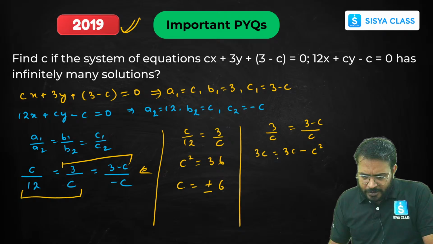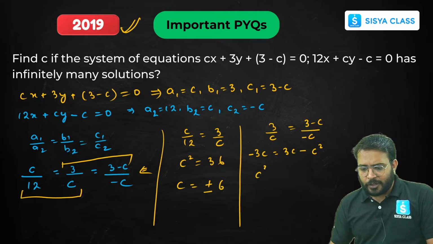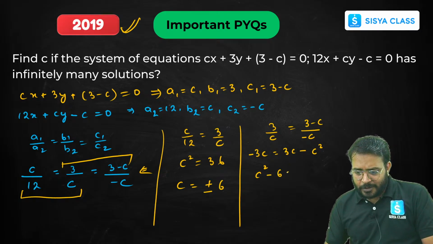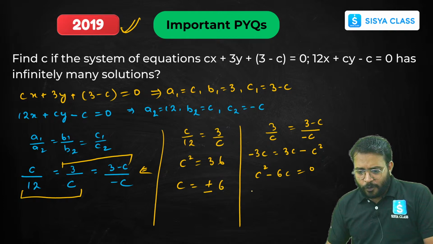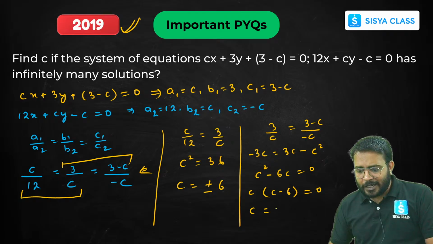So it is going to be minus 3c. Then c square minus 6c is going to be 0. Taking c common, c times c minus 6 is equal to 0, and from here we get two values of c, 0 and 6.